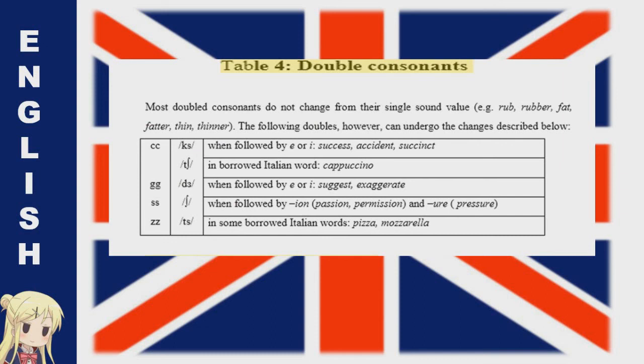The double C can be pronounced KS, as in success and accident. The double S can be pronounced as sh in assassin, passion, permission, and pressure.